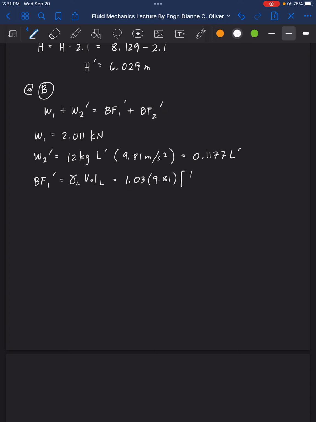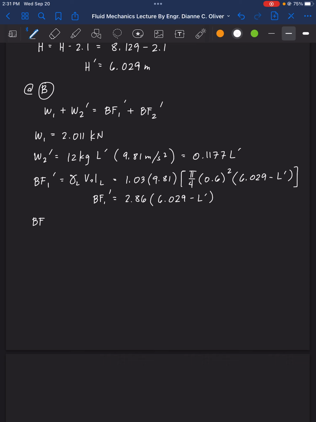Then the volume, pi over 4, diameter 0.6 squared, and then the height, which is H prime minus L prime, H prime being 6.029. So BF1 prime is 2.86, 6.029 minus L prime. So that is for buoyant force 1 prime.